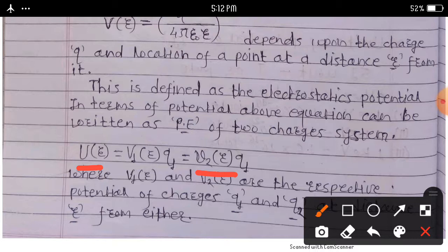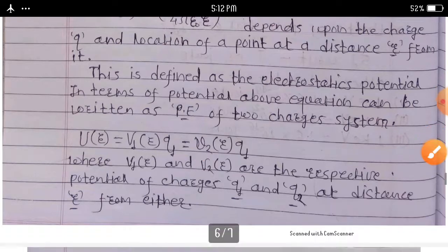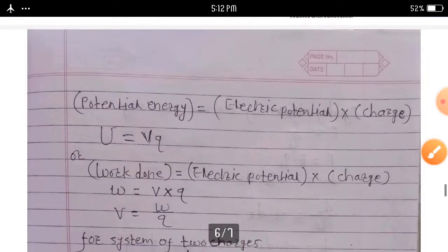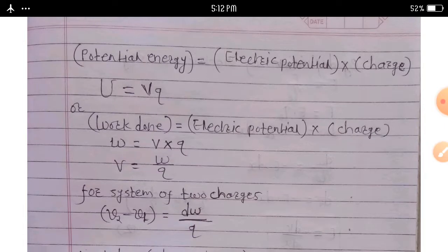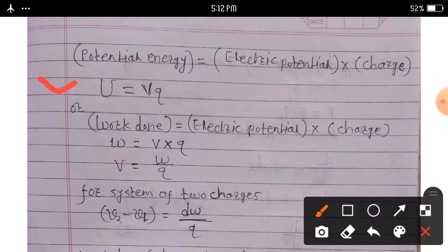Then potential energy is equal to the product of electric potential and charge. Potential energy is denoted U, electric potential denoted V, and charge denoted Q.